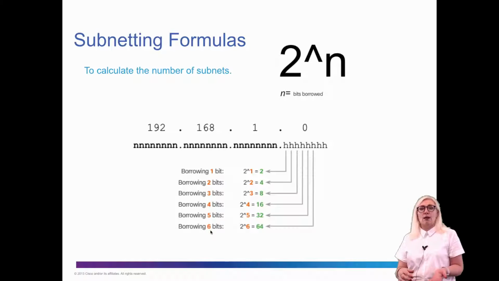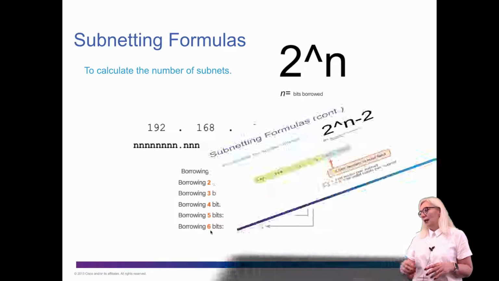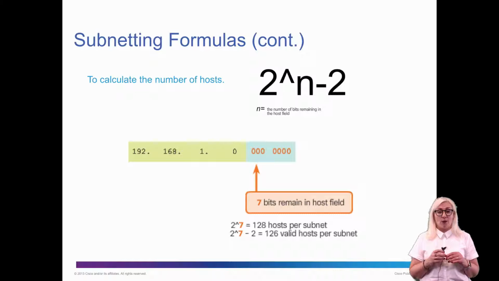The important thing is to remember that I have to keep at least 2 bits left for the host. So my highest subnet mask can be /30, because then I only have 2 bits left for the host, and that is how I calculate the number of hosts that I have in each network.